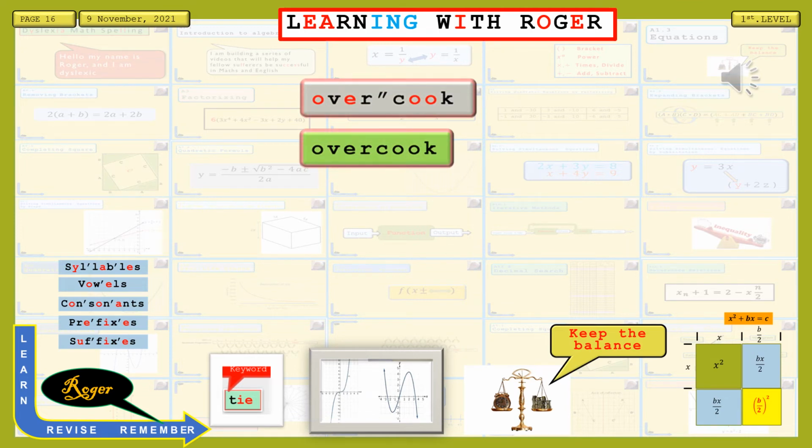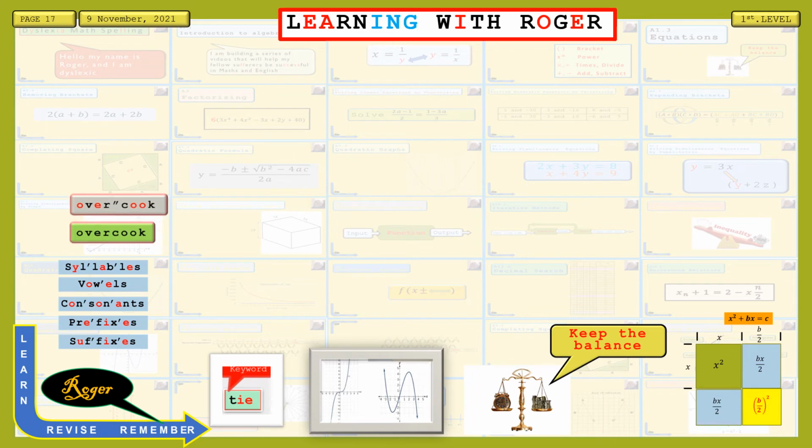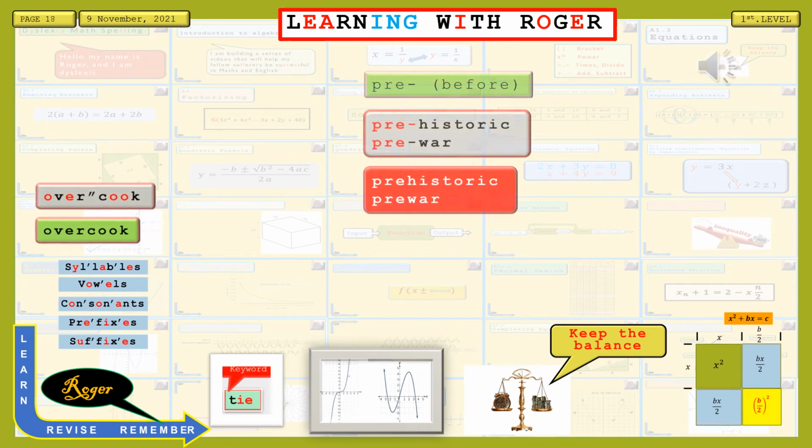In the green box, you will see the word overcook, but in the grey box, this is how I present it in the course. You see, it's so much easier to keep track of the letters and how it's constructed. Here is another snippet from the spelling course.